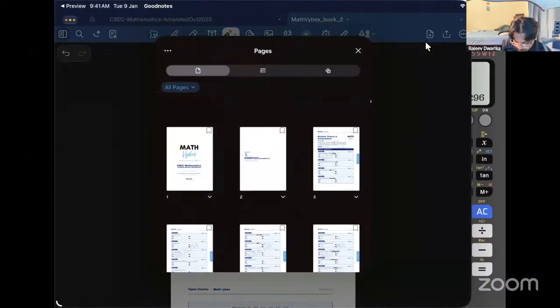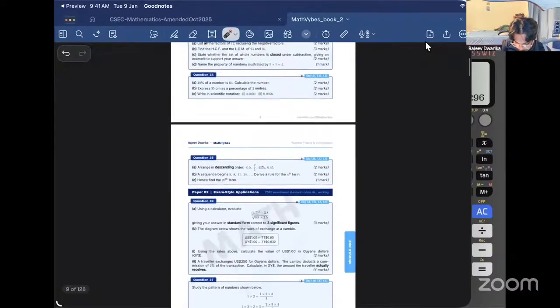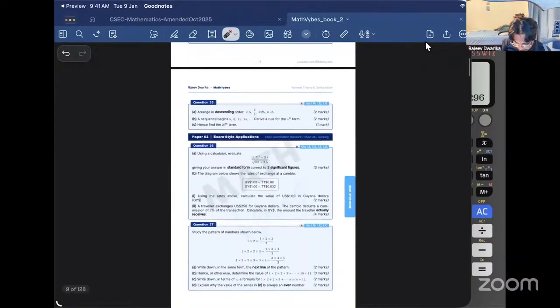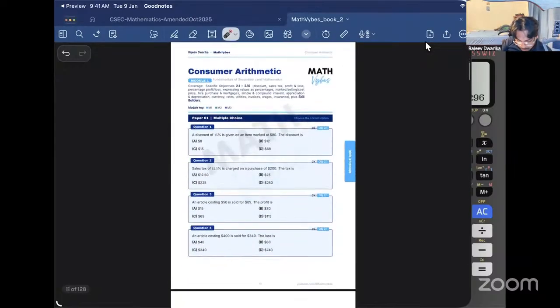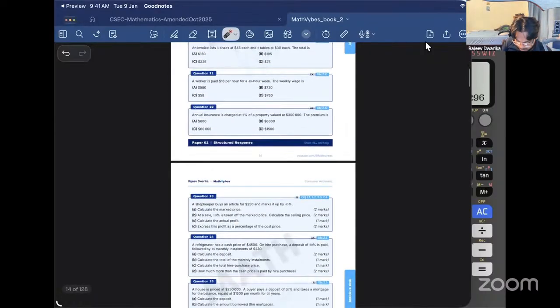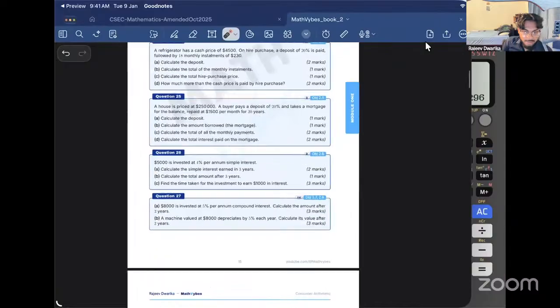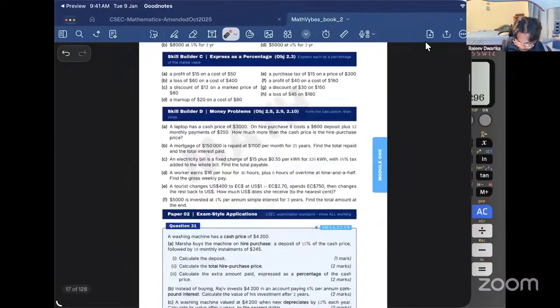Which school are you representing? Penal Secondary. Big up Penal Secondary. I don't think you're going to know my cousin, she used to go to Penal Secondary. Sasha Mohammed, you know Sasha Mohammed? That's a while ago.